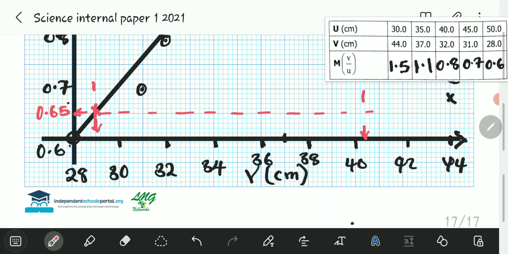So this is 40, this is 40.2, this is 40.4, 40.6, 40.8, then 41. So the value is 40.4.